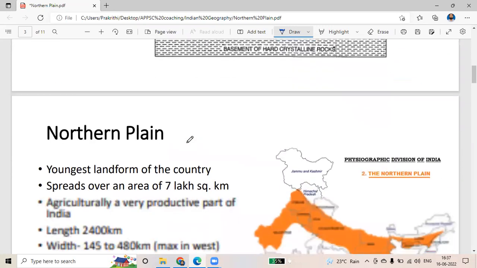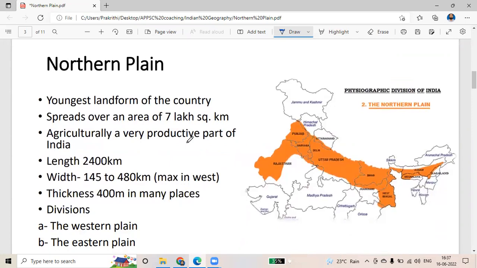When we talk about the northern plain, we want to understand its general characteristics. As this is a depositional feature, and the Himalaya is the youngest fold mountain, the plain formed only after the fold mountain was built. So this is the youngest landform of the country. The peninsular plateau is the oldest because it belongs to Gondwana land; since the Gondwana land days, that landform has been there.